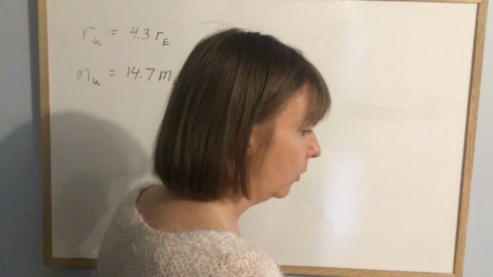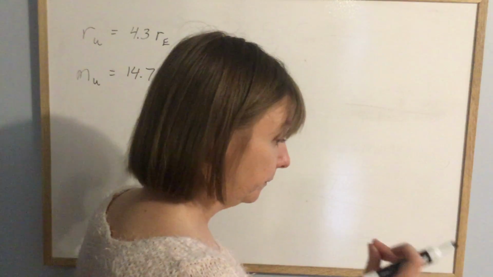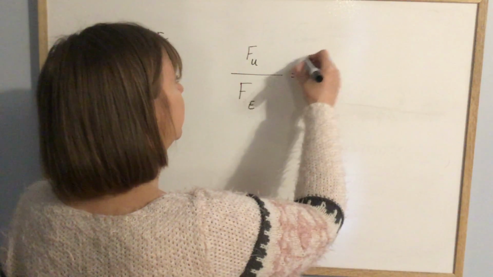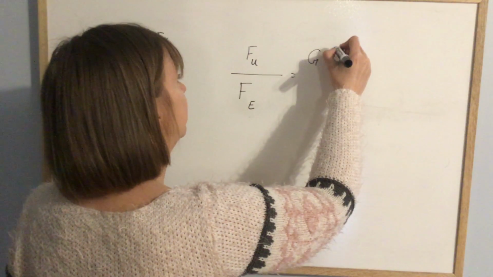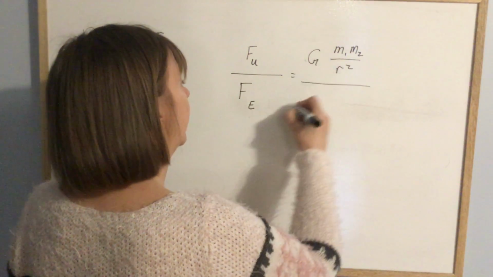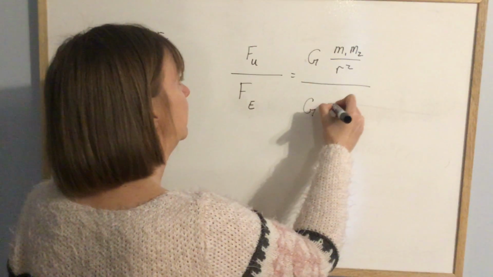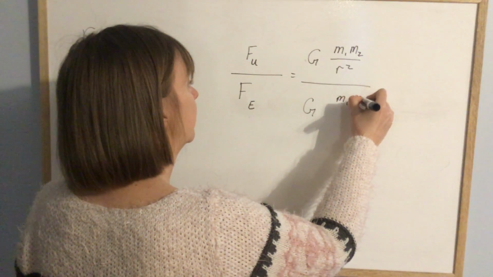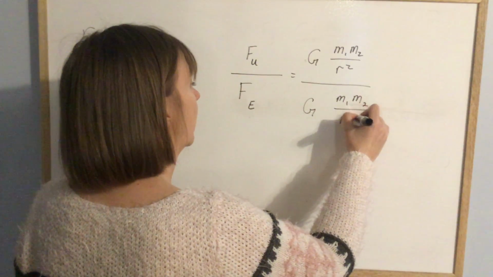And we know that the formula for force of gravity is G m1 m2 over r squared. And for this force it would also be G times m1 times m2 over r squared.